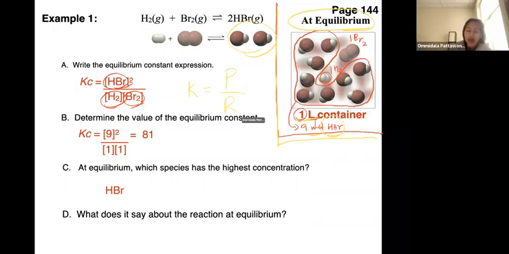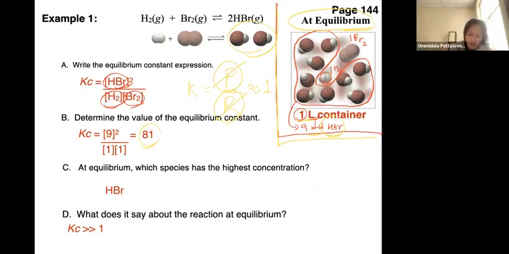If the product and the reactant at equilibrium come out about the same, they are going to cancel out, so the K value would come out closer to 1. Whenever you see K equal to 1, it tells you that the concentrations of product and reactant are about the same. But in this case, the K value is a lot higher than 1. When Kc is a lot higher than 1, it indicates that the numerator is a lot bigger than the denominator.